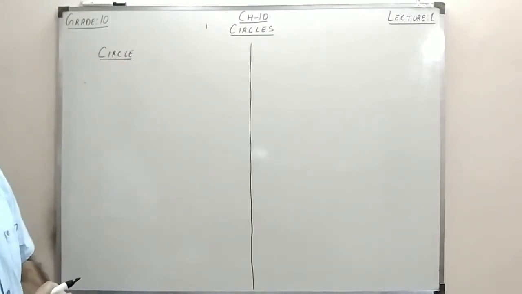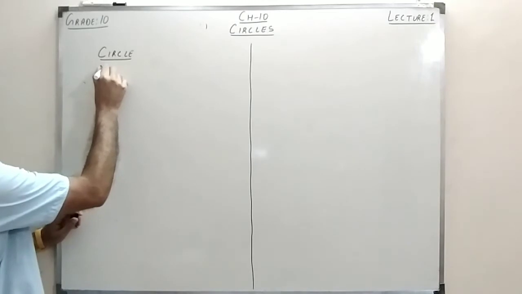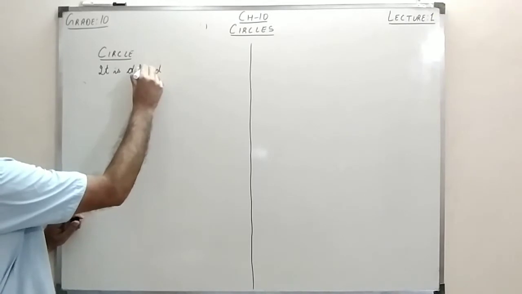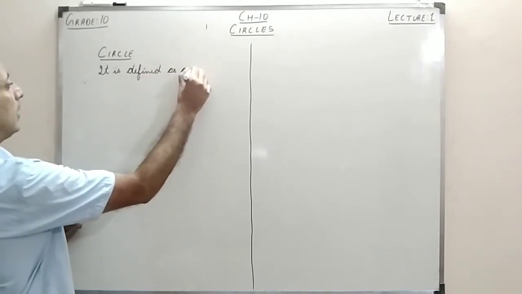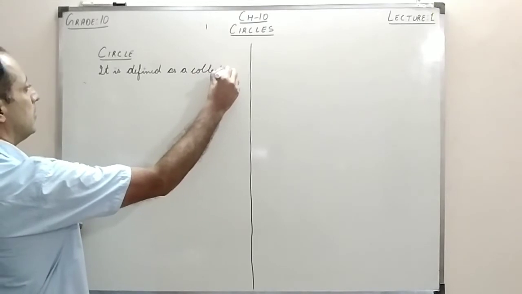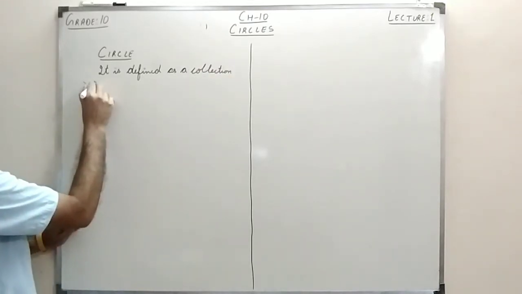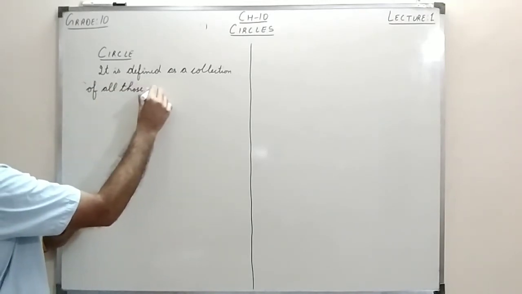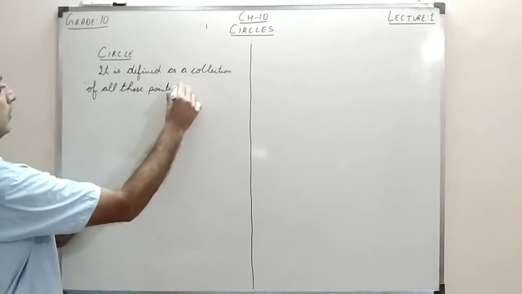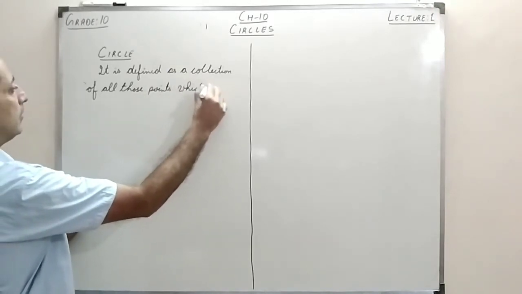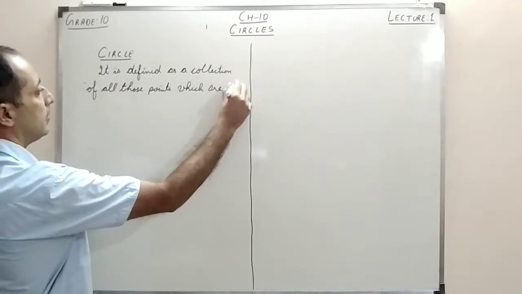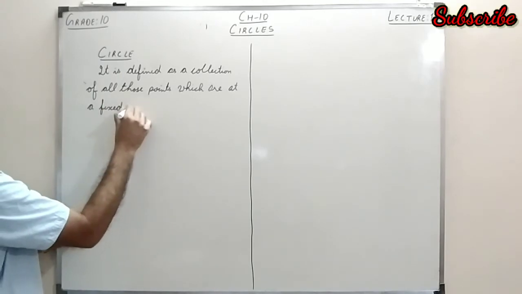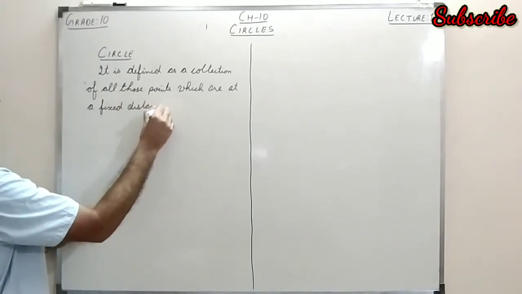It is defined as a collection of all those points which are at a fixed distance from a fixed point.